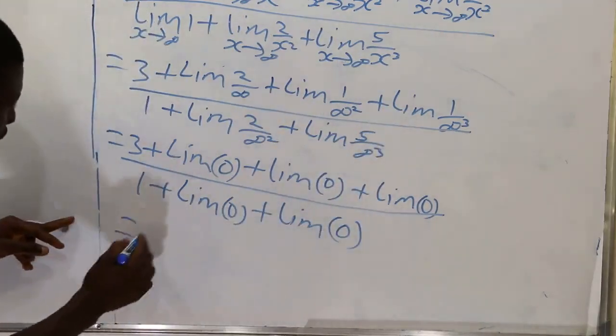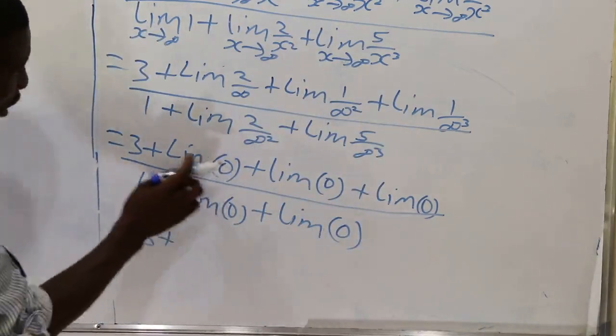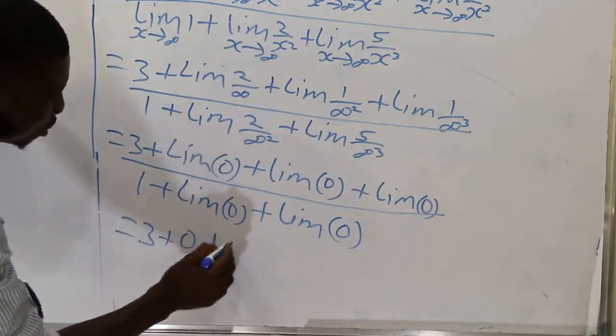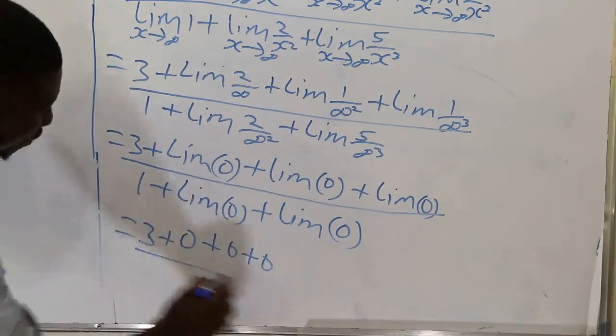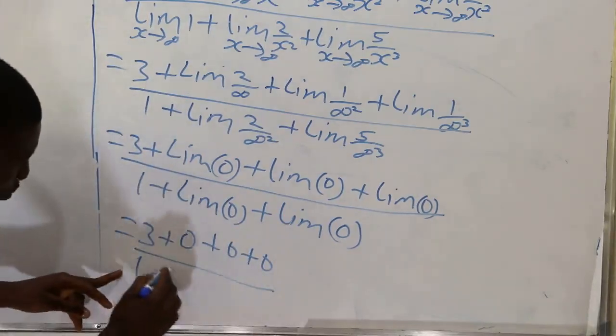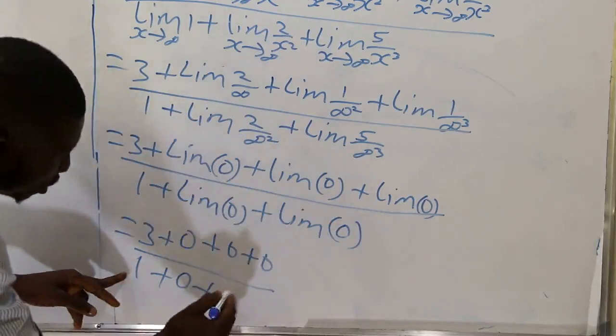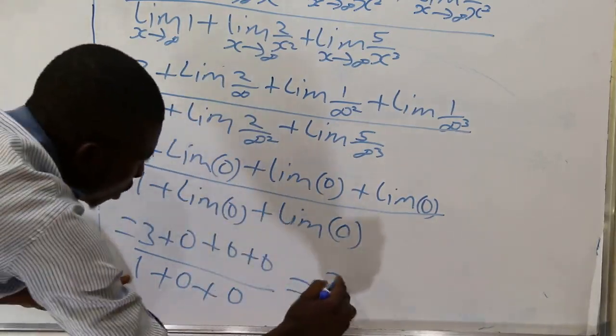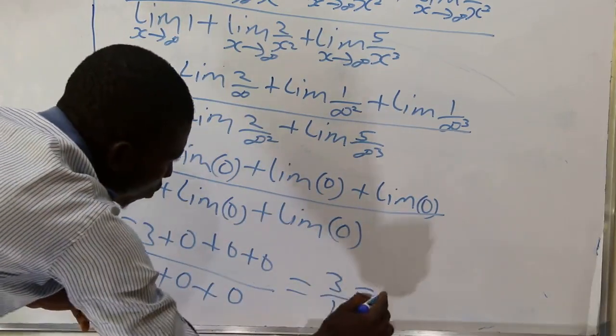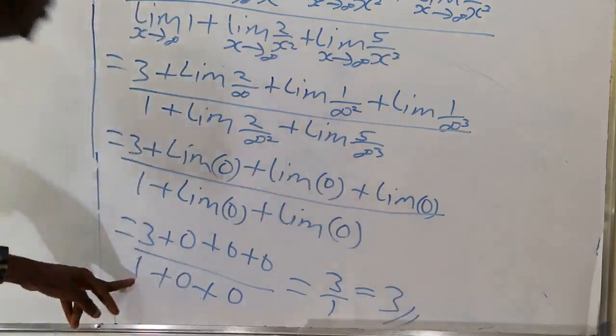Now the final answer is 3 plus 0 plus 0 plus 0 divided by 1 plus 0 plus 0. So our final answer is 3 over 1, which is equal to 3. This is our final answer.